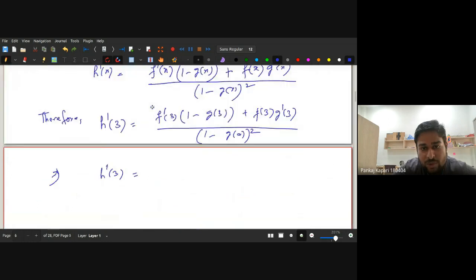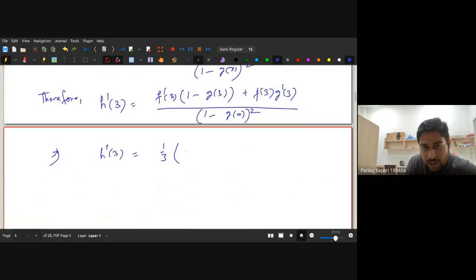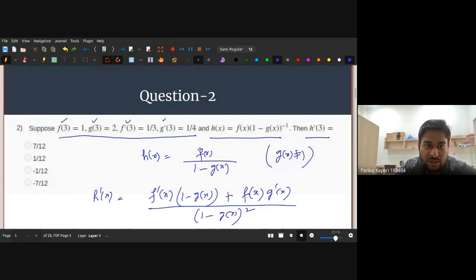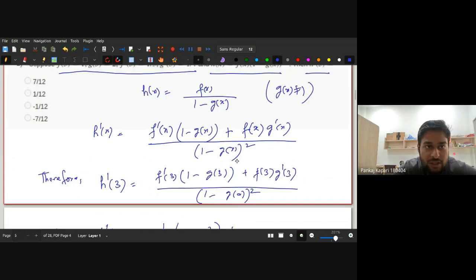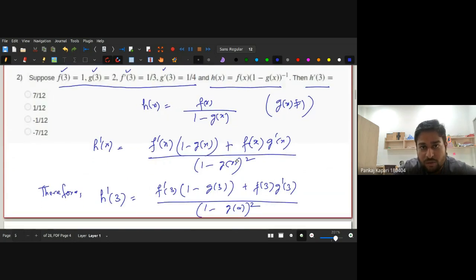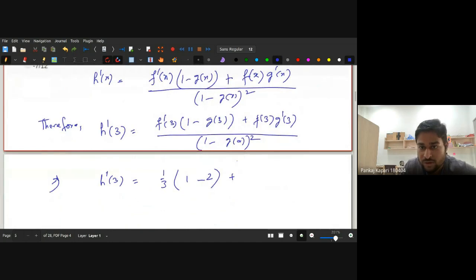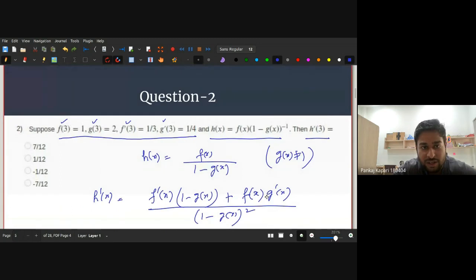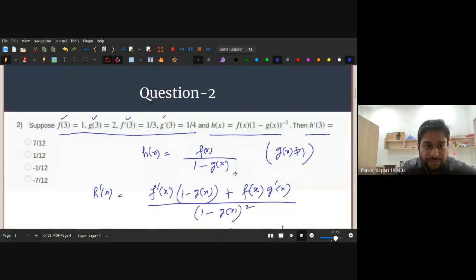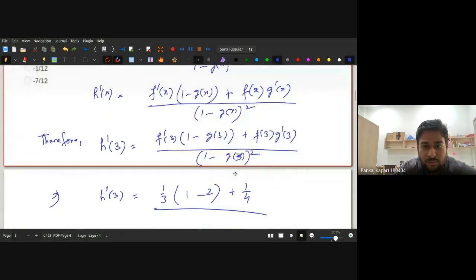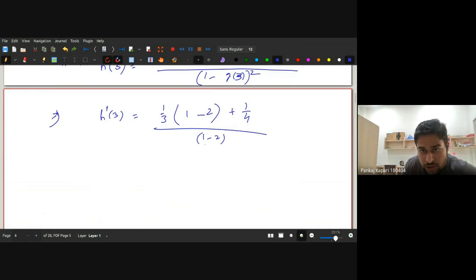f prime 3 is 1 by 3, and g of 3 is 2, so 1 minus g of 3 is minus 1. f of 3 is 3, and g prime 3 is 1 by 4, so the product is 3 by 4. Then we divide by (1 minus 2) whole square. 1 minus 2 is just minus 1, and when you take the square, you get 1.